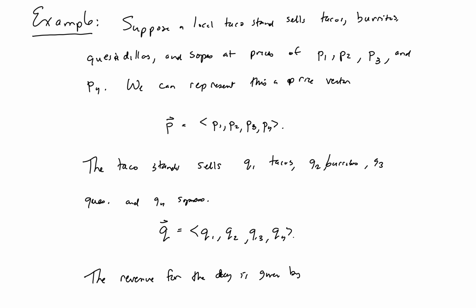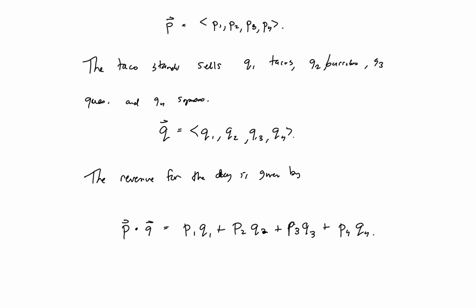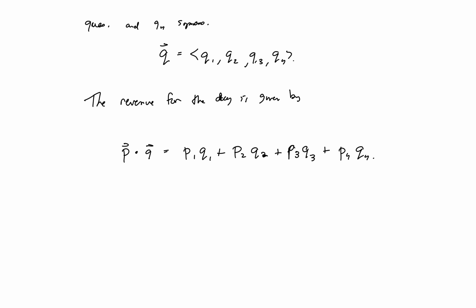We can still represent them as vectors. So we represented the prices as a vector and the quantities as a vector, and that way we could think of the revenue as just the dot product of the two. So it does come up that we use things other than things from physics for vectors.